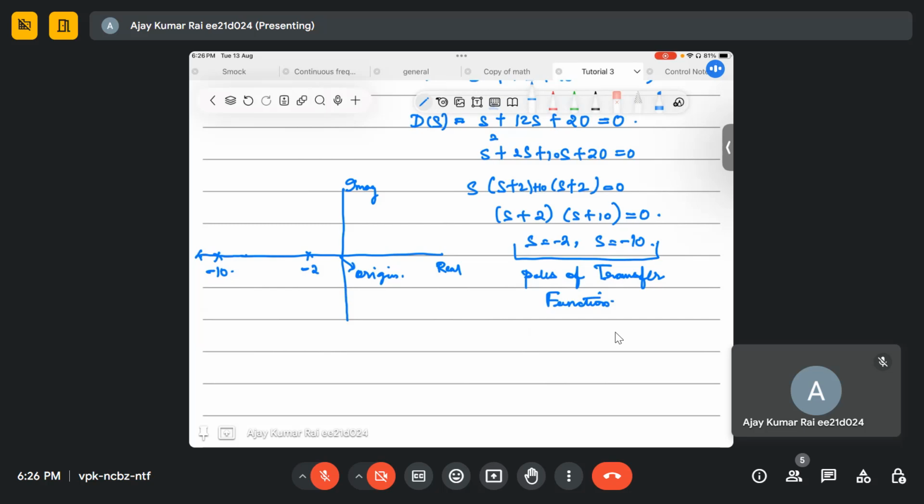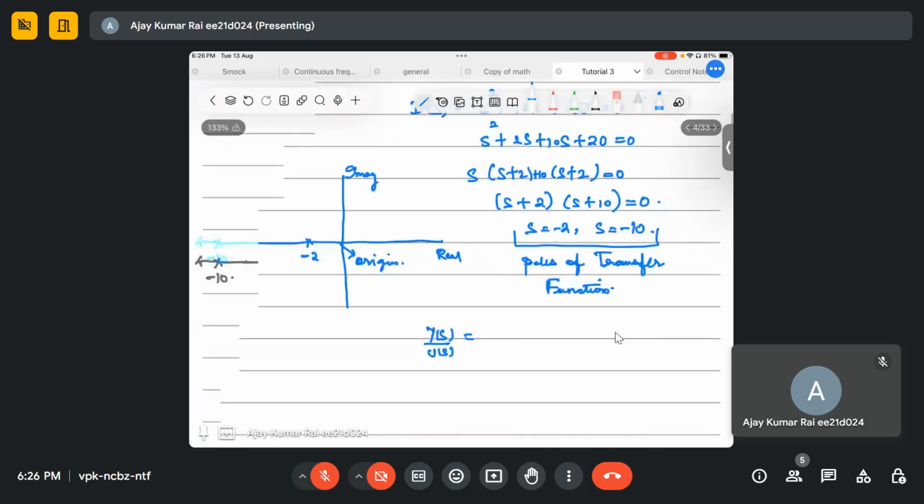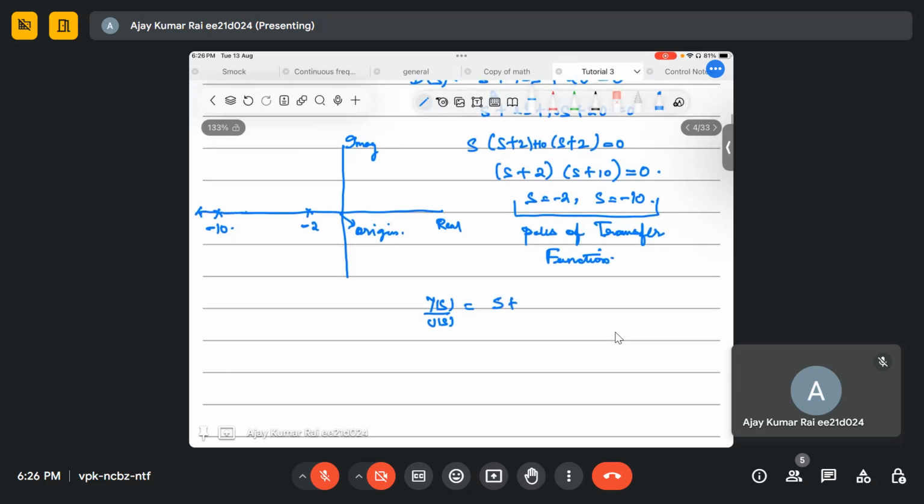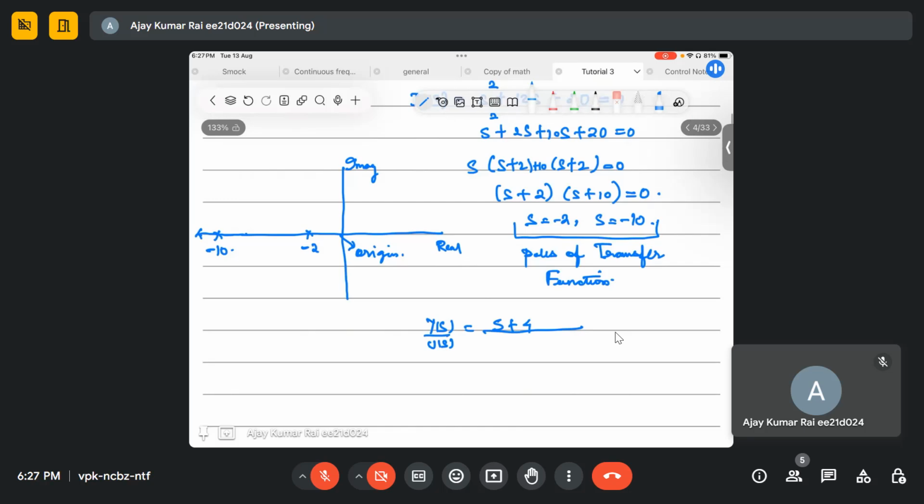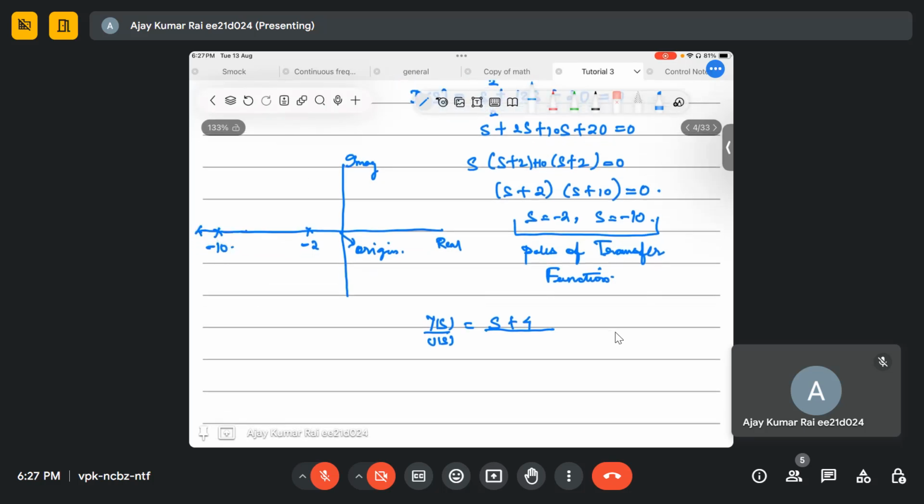Do I need to find y of t? You can answer. What do you think? Do we find y of t directly in this s plane? We can directly say which one is the dominant pole.